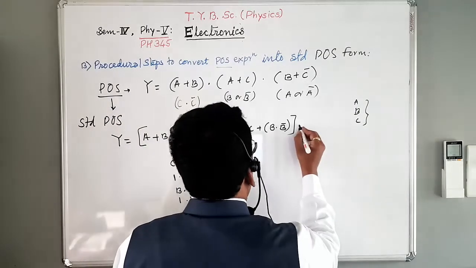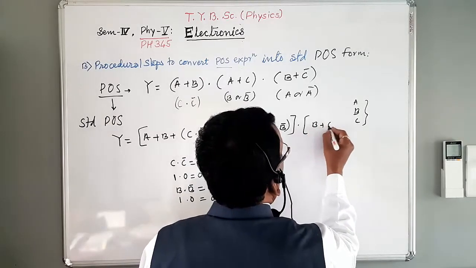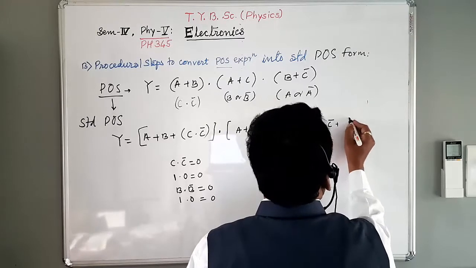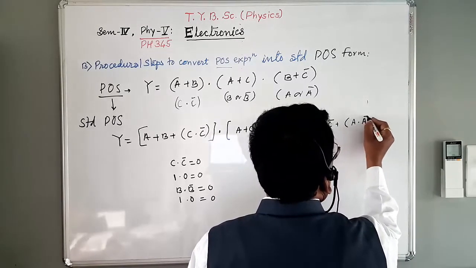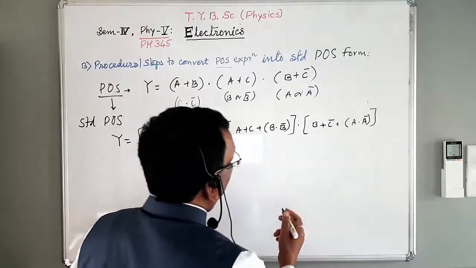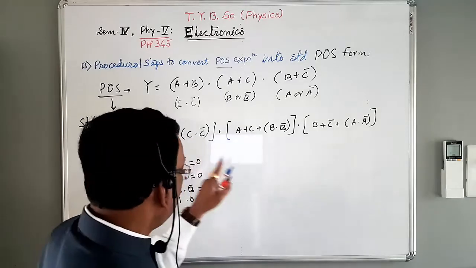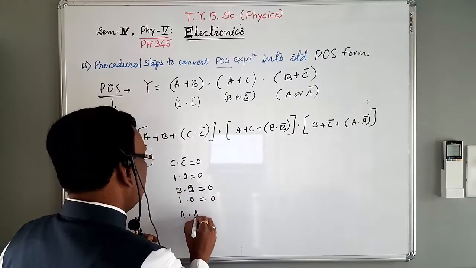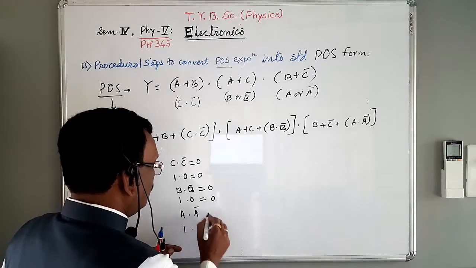Now the third term, B plus C bar plus A into A bar. Again, A into A bar is 0, because when A is logically high, its complement A bar is logically low, and 1 into 0 is 0.